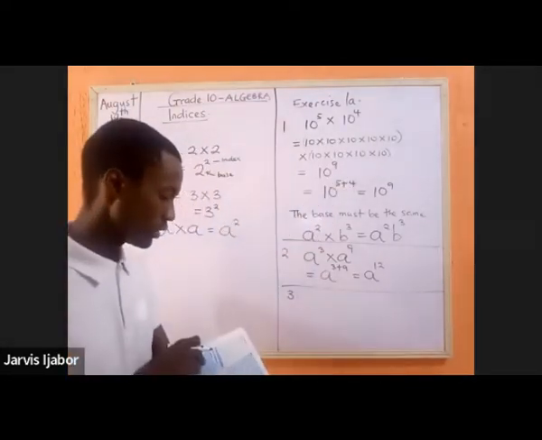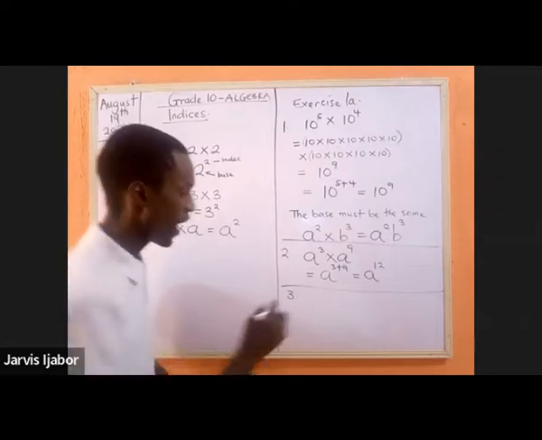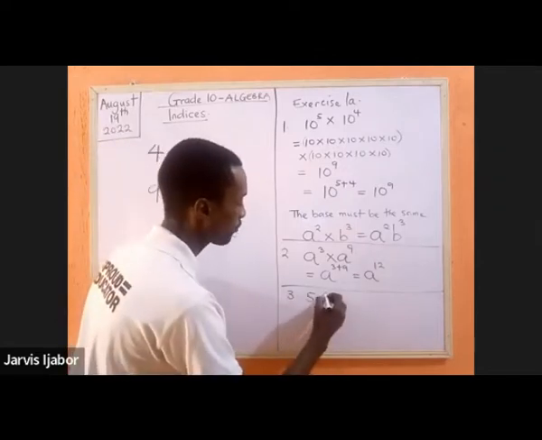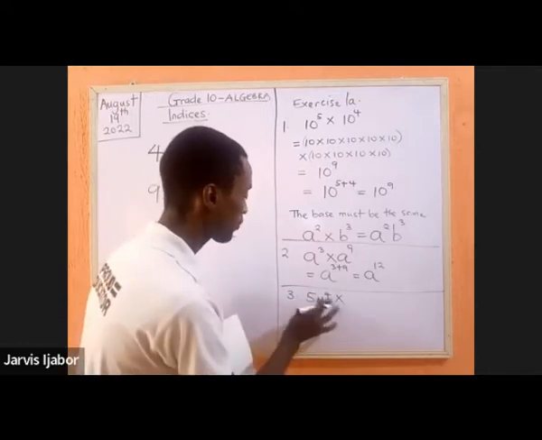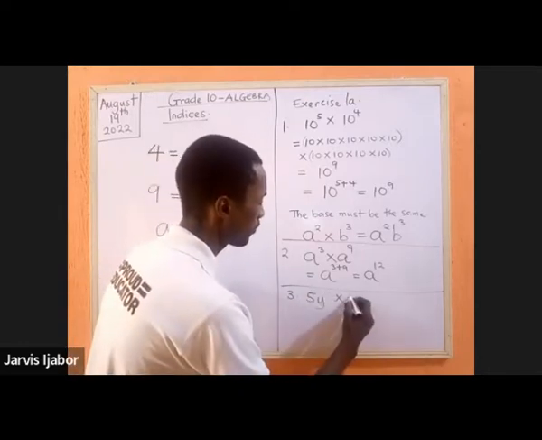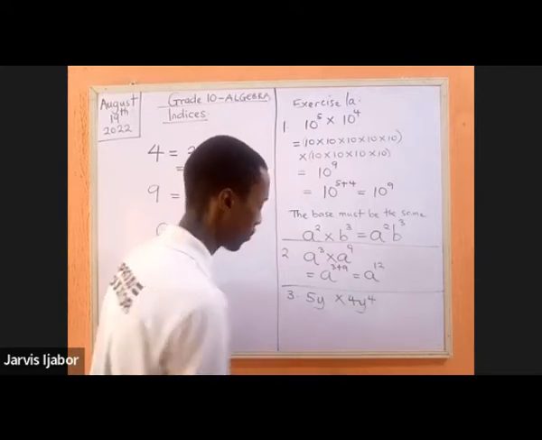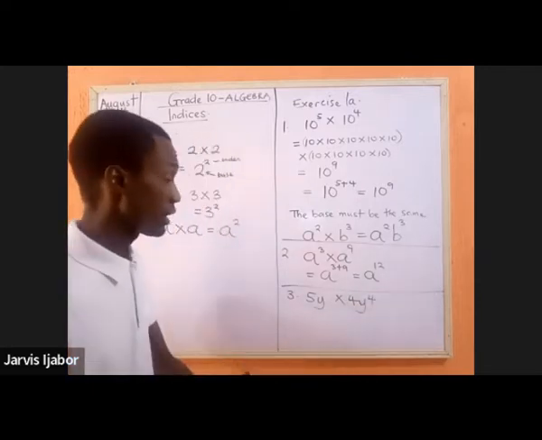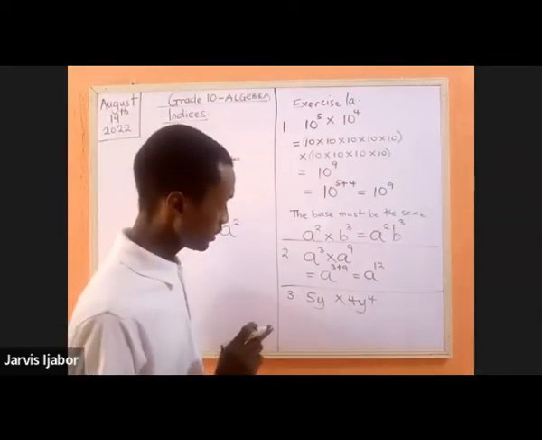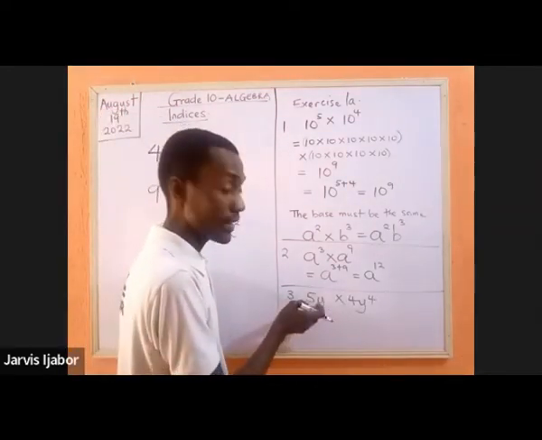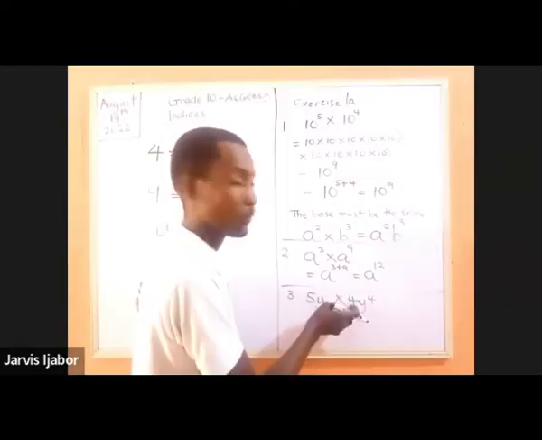In question 3, we're told that 5y to the power of 4 times 4y to the power of 4. Hope I got that right. Yes. How do we solve this? Now, you will notice that you have a number and a letter.